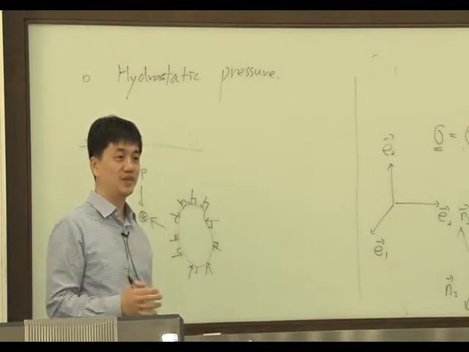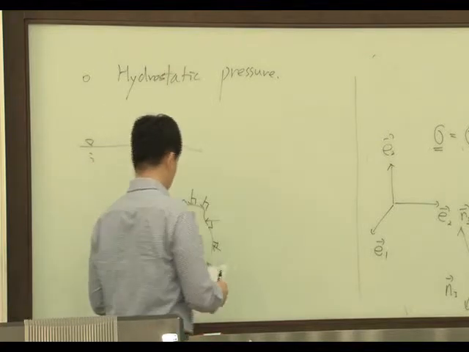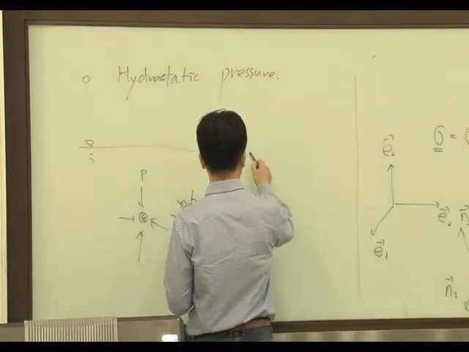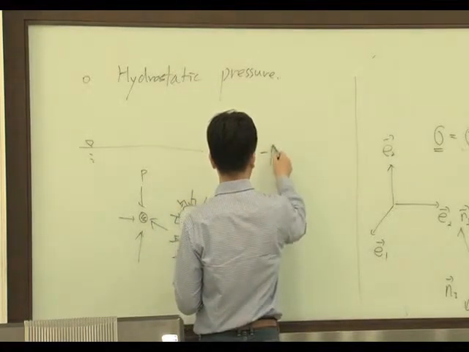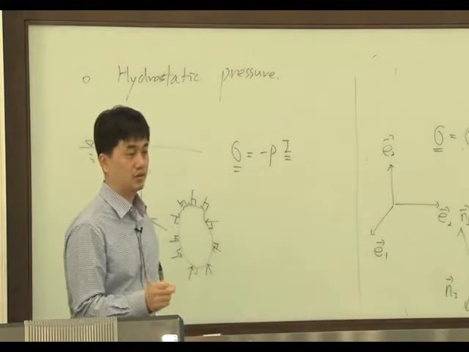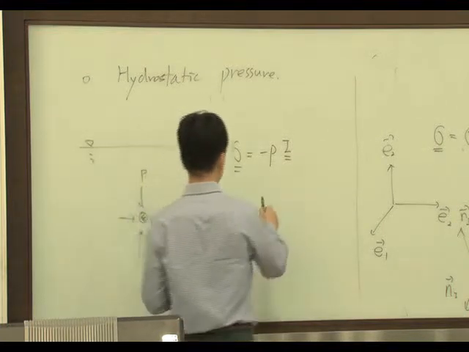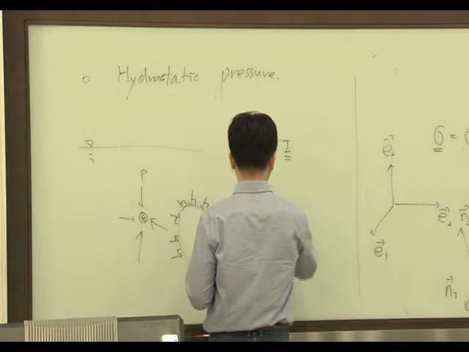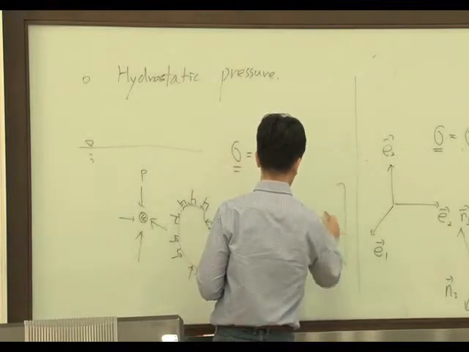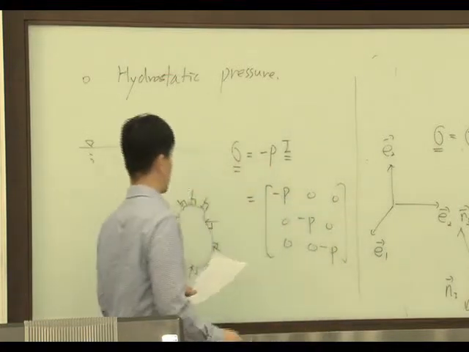There is only normal stress, right? So hydrostatic pressure can be expressed by minus P times I. P is the magnitude of pressure, I is an identity matrix. So it becomes minus P, minus P, minus P on the diagonal, and other components are 0. Right?